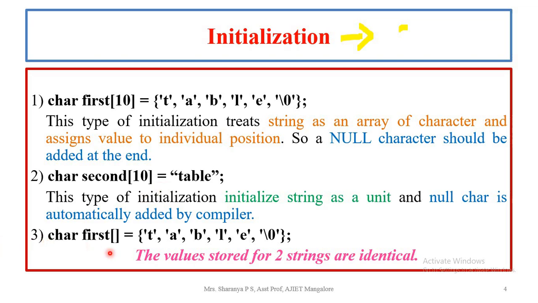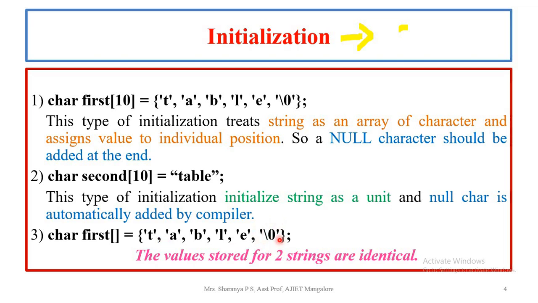The third type is that sometimes we can omit the size of the string if we are declaring and initializing at the same time. Here the size is not mentioned during the declaration, but in the declaration itself we are initializing the value, that is table.